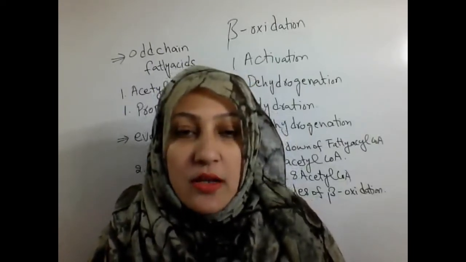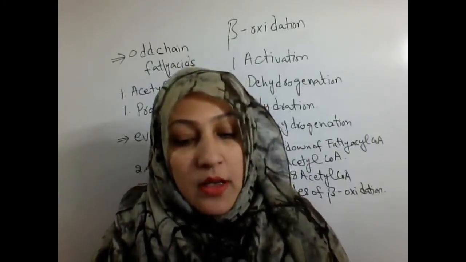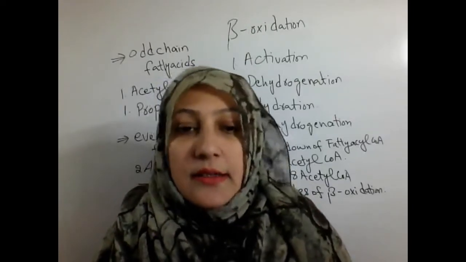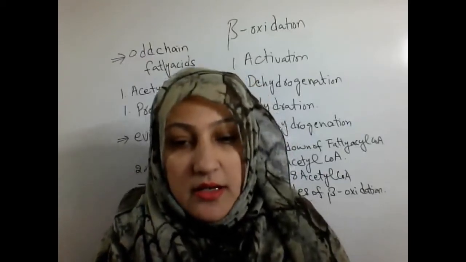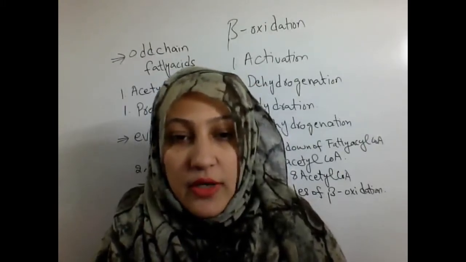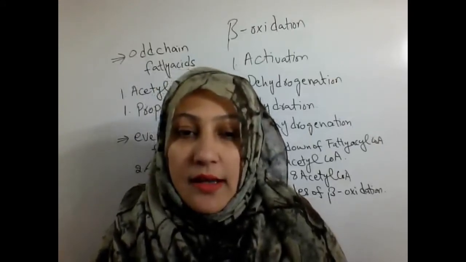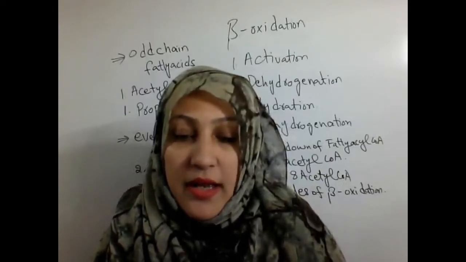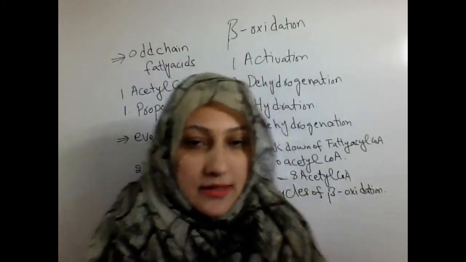This propionyl-CoA does not go to the citric acid cycle directly because it is not converted into acetyl-CoA. It is converted into succinyl-CoA, which is an intermediate of the tricarboxylic acid cycle. So by this conversion into succinyl-CoA, it enters the tricarboxylic acid cycle.